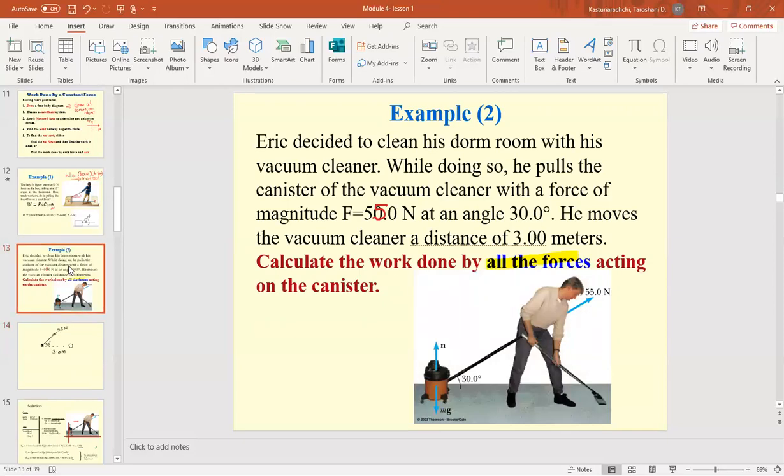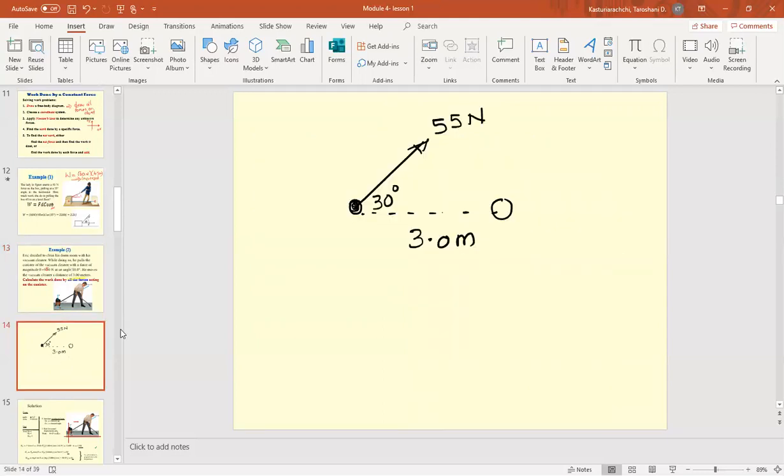Now if I look at this, the canister is moving on a surface. Let's assume this is a smooth surface. If we have friction, I need to take care of that too. Assume this is frictionless.